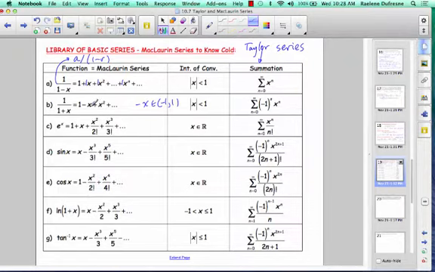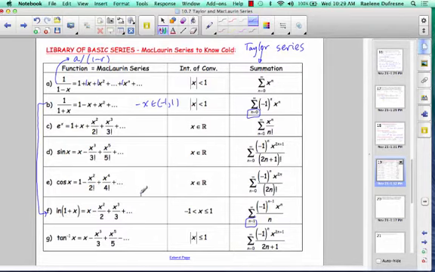The antiderivative of -x is -x squared over 2. The antiderivative of x squared is positive x cubed over 3. And the antiderivative of x to the n is x to the n plus 1 over n plus 1. But what we've done to change that is we've changed the index. So in fact here this n is the same as n plus 1 down here because we've changed the index.